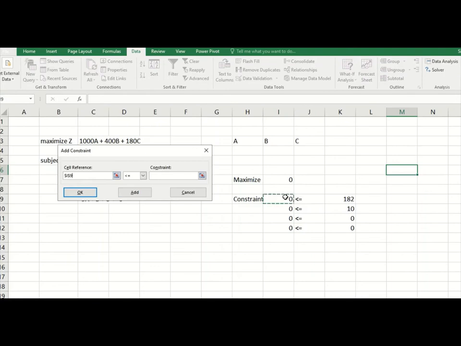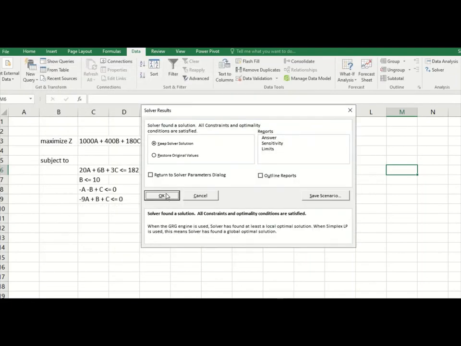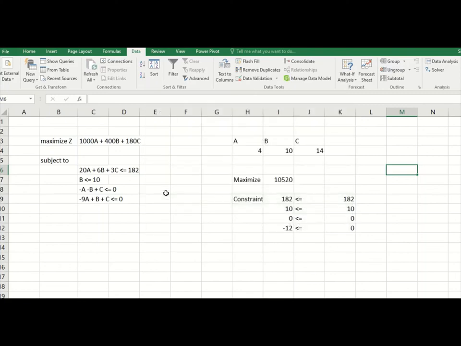Then we add subject to the constraints and insert the cell reference and constraint. Select a solving method, simplex linear programming. Then the problem will be solved.